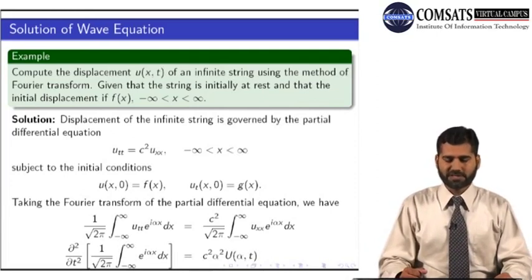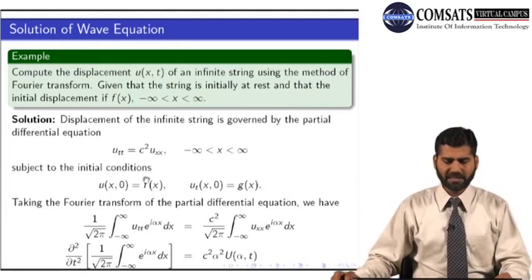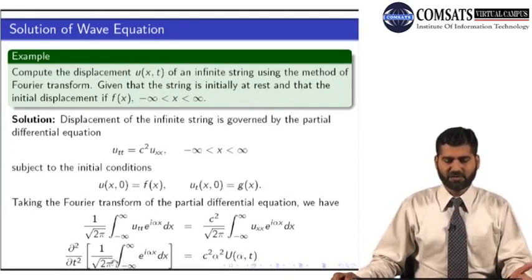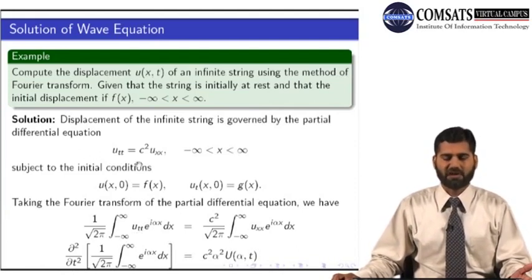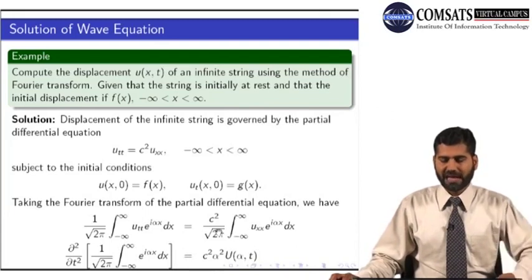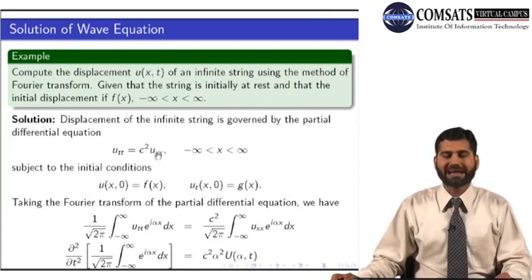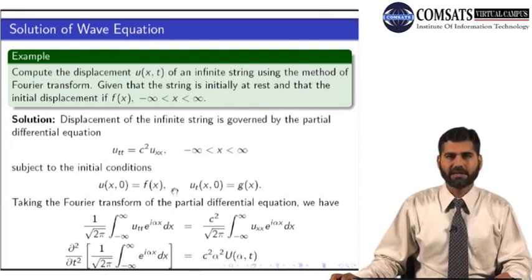So taking the Fourier transform of the partial differential equation, we have clearly what is the Fourier transform. I wrote it in the integral form. You can just write F of u_tt equals c square F of u_xx. So we know that the Fourier transform of u_xx is (iota alpha) square, right?